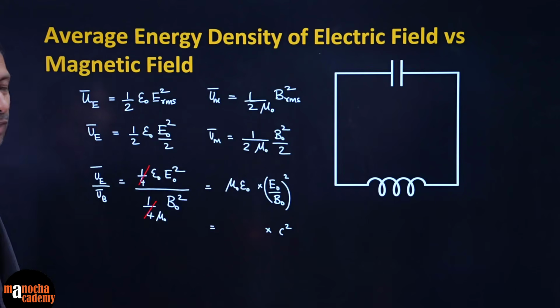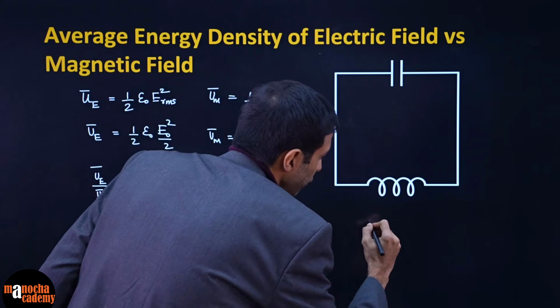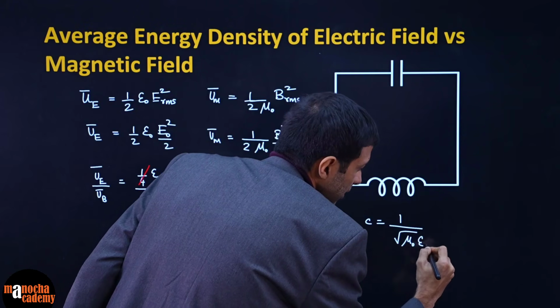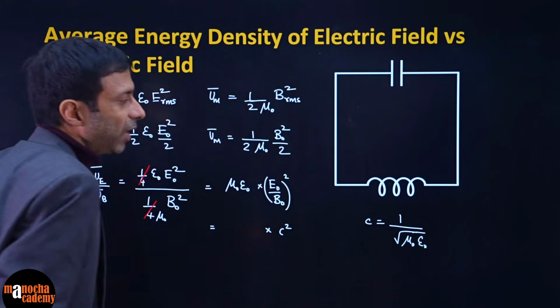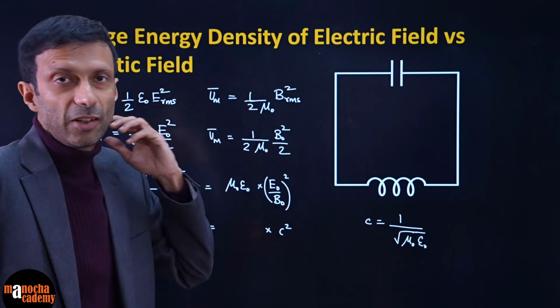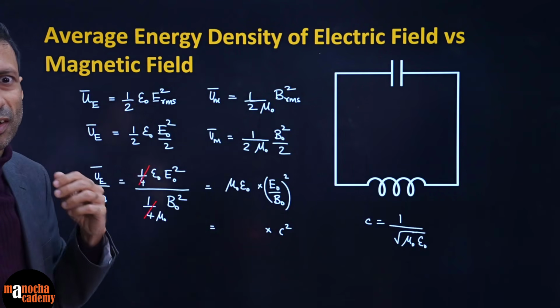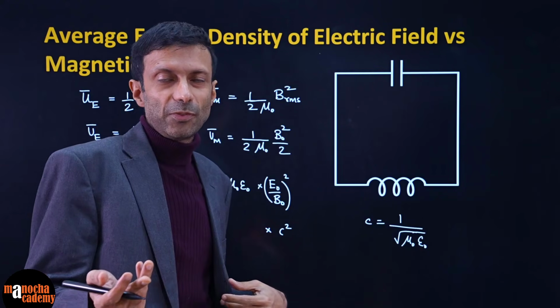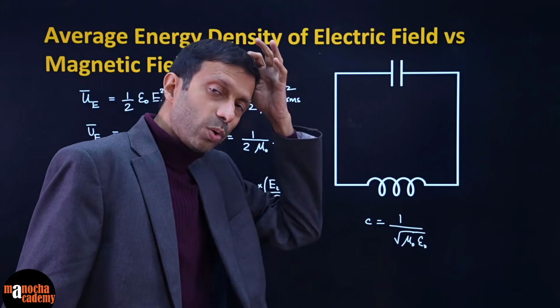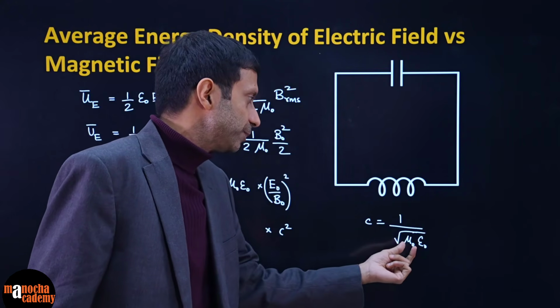What about mu naught epsilon naught? Remember we had this formula: C is nothing but the speed of light, or speed of electromagnetic wave. C is equal to 1 by root of mu naught epsilon naught. Your electromagnetic waves all travel at the speed of light. That's basically what we have here.